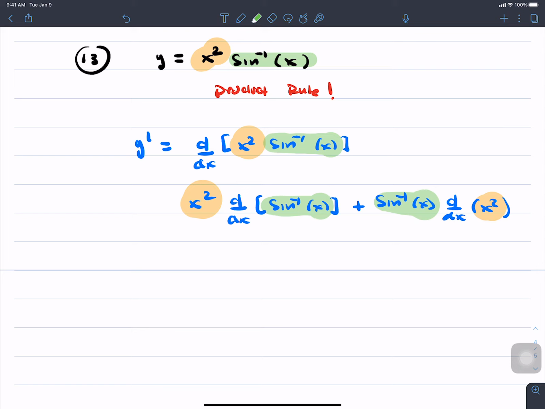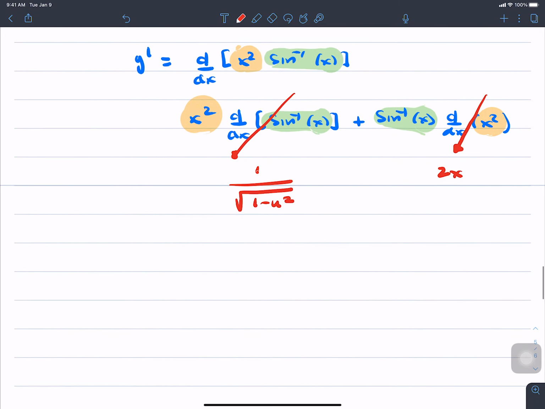We just now have to go through the formulas here for derivatives. Now, this is inverse sine, so this is 1 over square root 1 minus u squared. And this is going to be simply 2x. So this derivative, y prime will be, and I guess we did the u version.